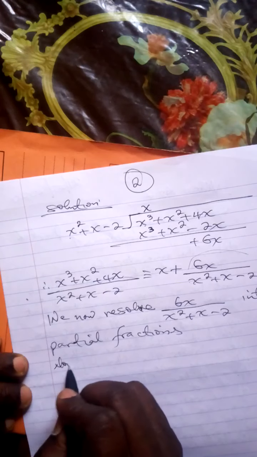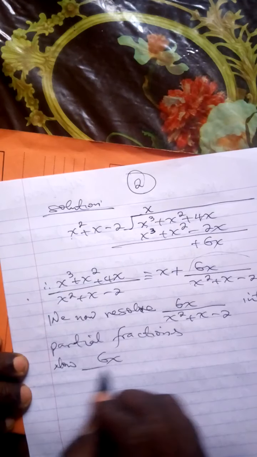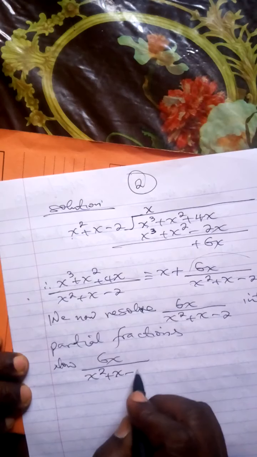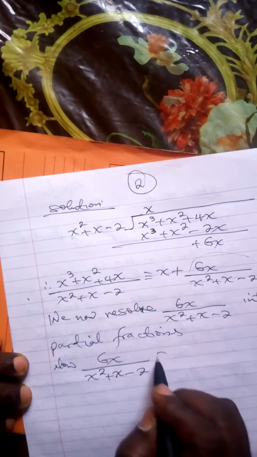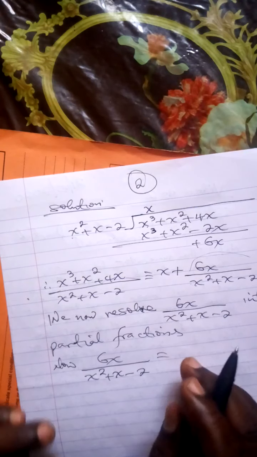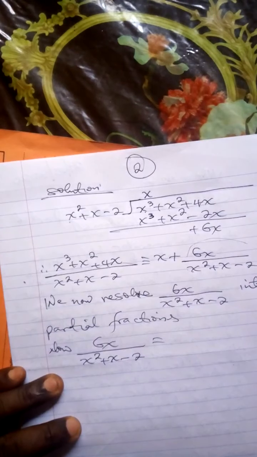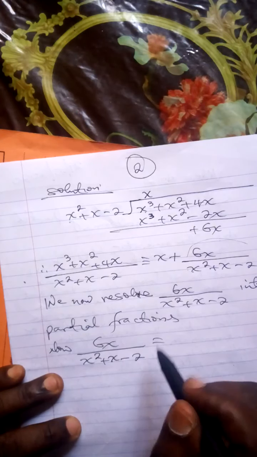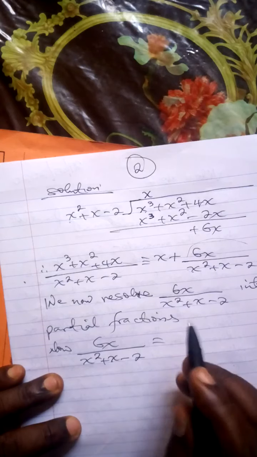Now, here you look at the denominator. The denominator is a quadratic factor. So we have to factorize it into its linear factors if it is factorizable. Here, this one is factorizable, so we factorize the denominator into linear factors.